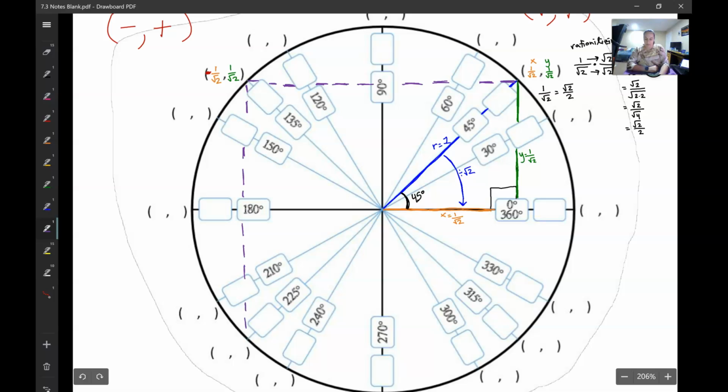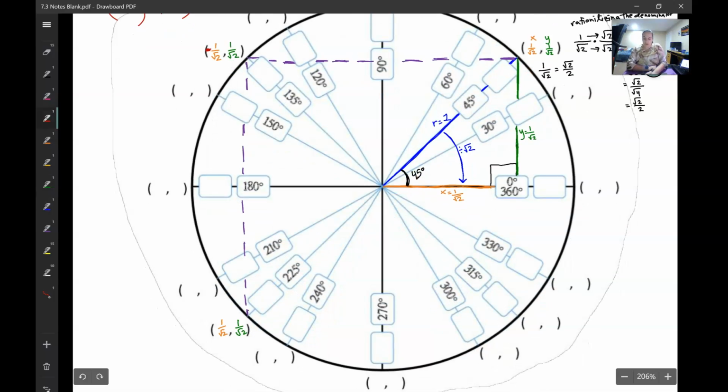Now, let's take that same point, and now let's reflect it down. So if I take that point and I reflect it down, now it's going to line up with this 225. So 225 is going to be the same point, except now in this quadrant, my x values are negative and my y values are negative. So I'm going to add negative signs to both of those. Now, one last thing.